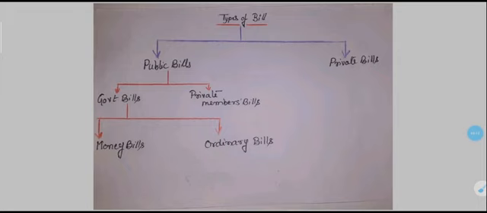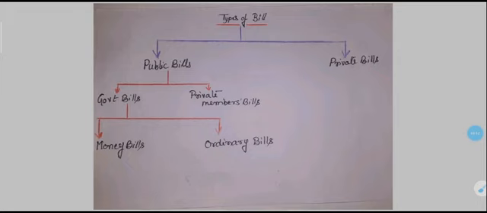If it is related to government and public, it goes to government bills, and if it is related to a particular minister, it goes to private member bills. If any proposal is related to finance, it goes to money bills, and if any day-to-day proposal is given, it goes to ordinary bills. So this is called the types of bills.